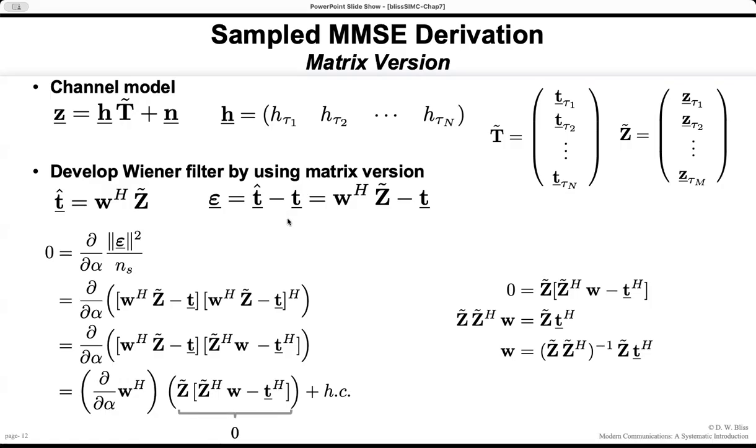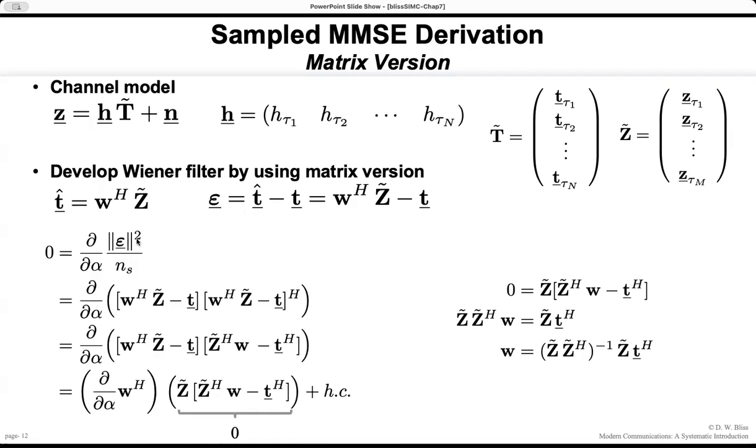I'm going to assume that W is a function of alpha, the same trick we played just a second ago. And so what I'm going to do is take the derivative with respect to alpha. When I take the derivative with respect to alpha, I have a form of the error. I can throw away the n sub s because we're going to set it to zero anyway, so I can multiply both sides by n sub s, doesn't matter.